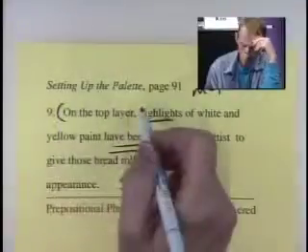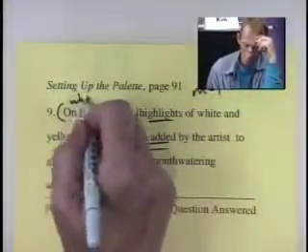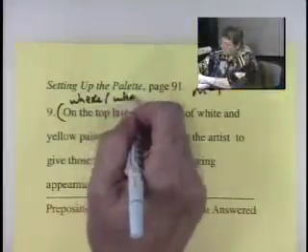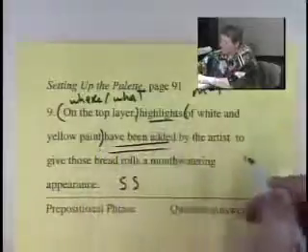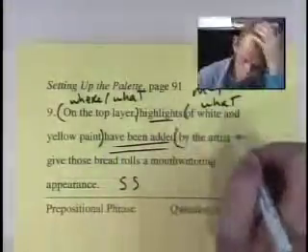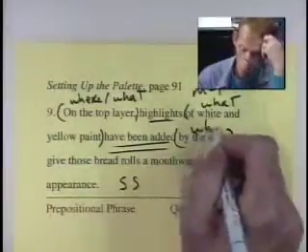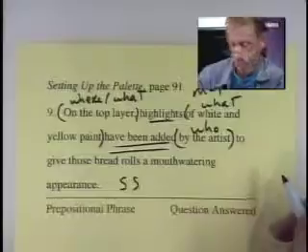On the top layer answers, where? Or what? Where or what. And then? Of white and yellow paint. And that answers, what? And then? By the artist. And that answers who? Who. And then? That's it? That's it. Anybody see anything else that we left out?